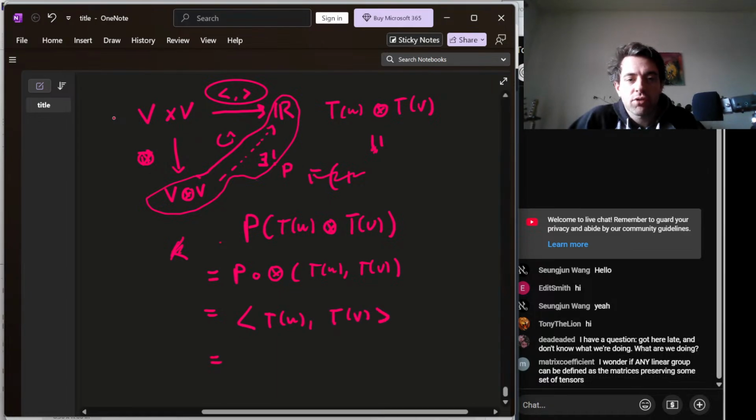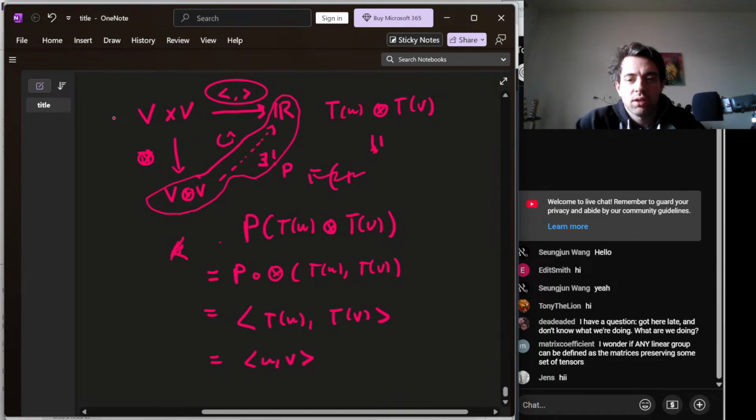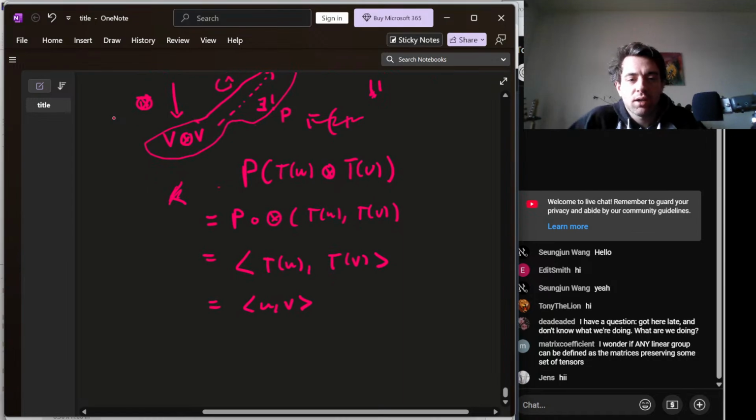But I'm considering a T that preserves the pairing. So this should be UV. But then, hi, Jens. But then UV is, again, just unfolding that. That is P composed with the tensor map on UV. But that is just P applied to U tensor V.